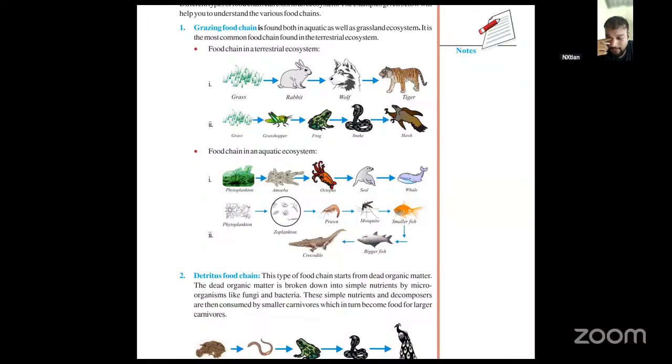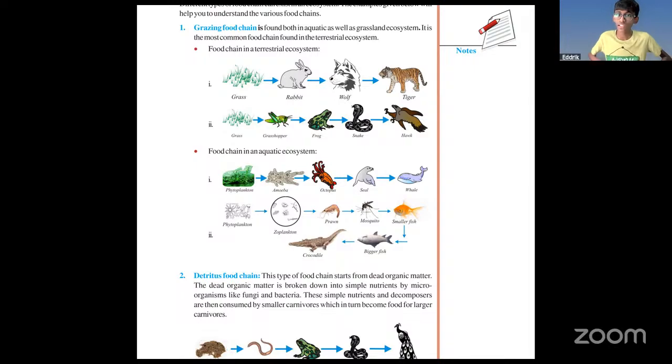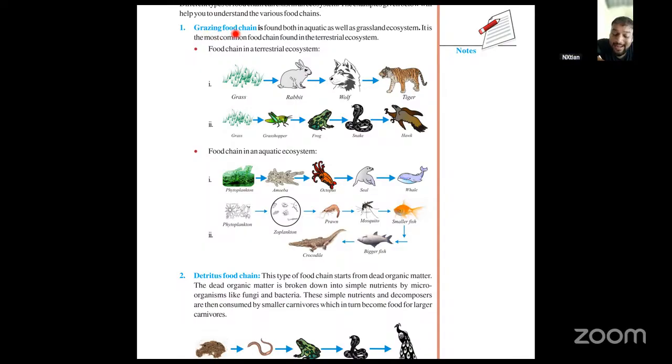Now, the grazing food chain is found in grassland ecosystems, with animals like cow that always graze. They chew the food, it goes to the stomach, then comes back to the mouth and they chew again. That is called cud.